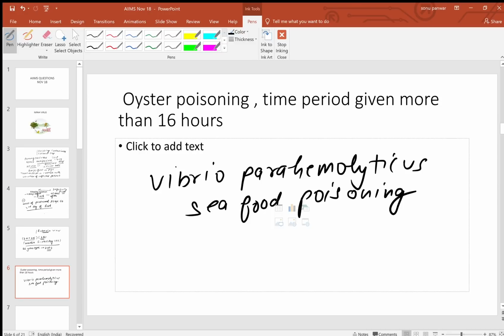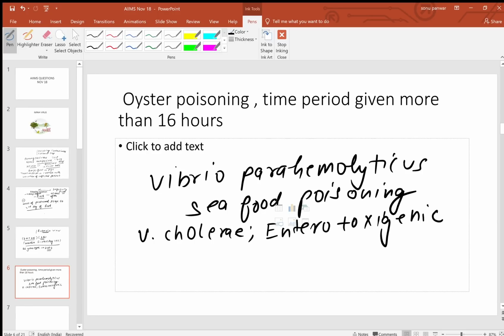Other than that, what comes up among the infectious agents of food poisoning with more than 16 hours, if somebody asks you? Remember, Vibrio cholerae can come in this time period. Enterotoxigenic E. coli, you know, traveler's diarrhea, it does.